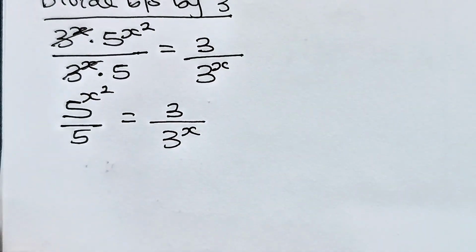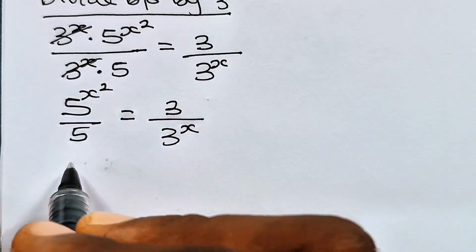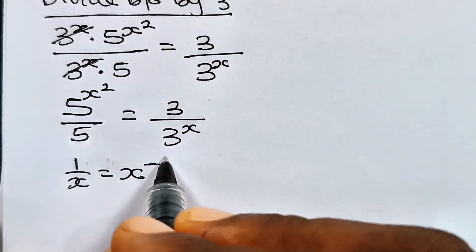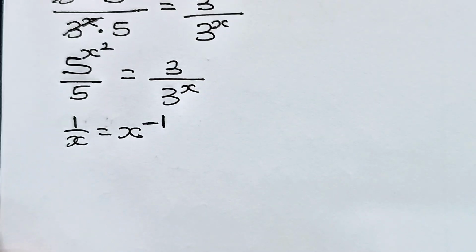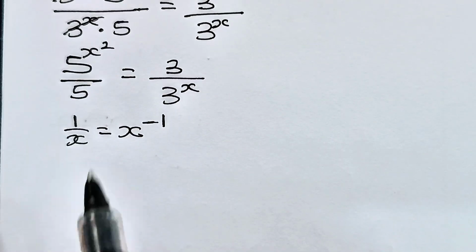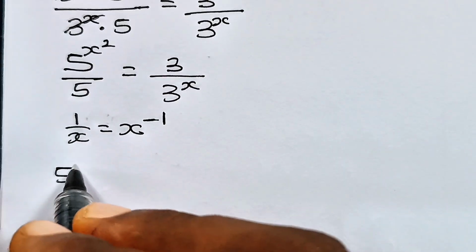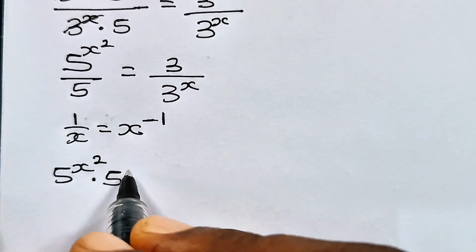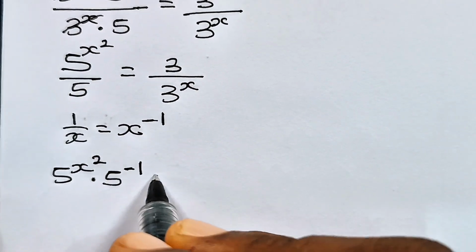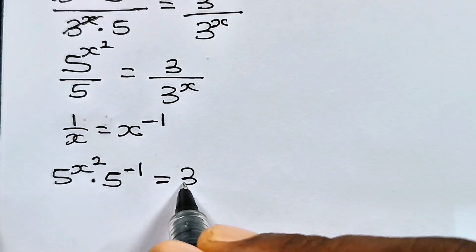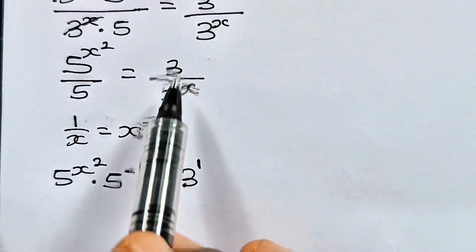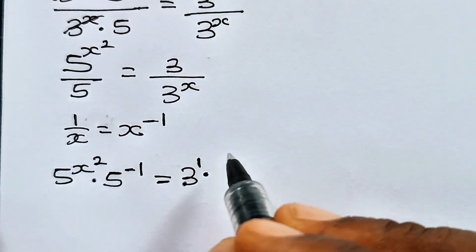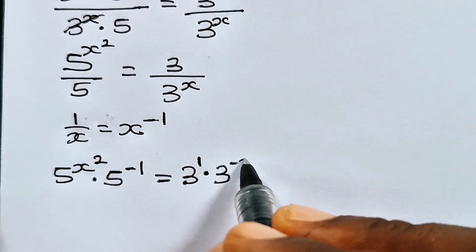Now recall that 1 over x is equal to x to the power of minus 1. Okay, so that means that this is the same thing as 5 to the power of x squared multiplied by 5 to the power of minus 1 is equal to 3 to the power of 1, because this is the same thing as 3 to the power of 1 multiplied by 3 to the power of minus x.